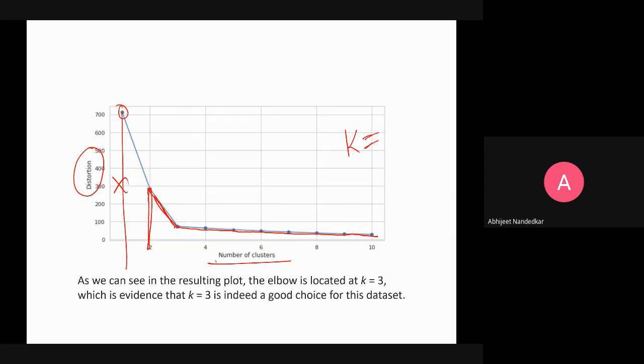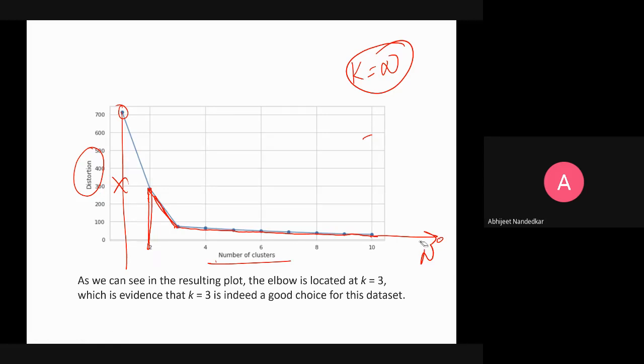When your k reaches towards the number of samples, you will see that the distortion has reduced drastically. We are not interested in making k equal to m. If I keep on doing this up to the number of samples, this may reach 0, but that is not our interest. We want to group the samples, not to make every sample a group.